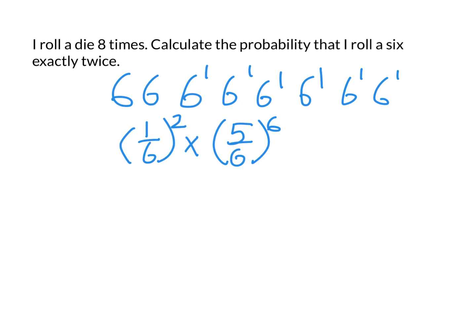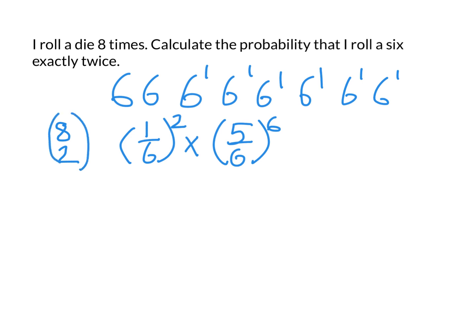Well, think of it like this. There are 8 rolls in total, and we're looking at picking the 2 positions where the 6s would occur. So they could be 1st and 3rd, 2nd and 7th, 3rd and 6th, whatever it is, the total number of ways will be 8 choose 2.